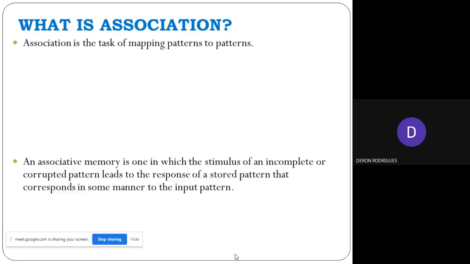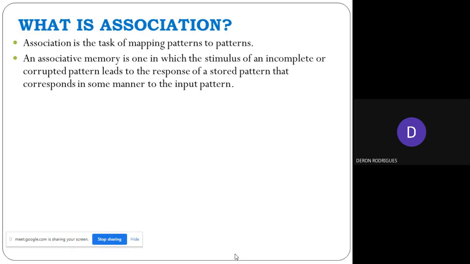in our mind. An associative memory is one in which the stimulus of an incomplete or corrupted pattern leads to the response of the stored pattern that corresponds in some manner to the input pattern. What is the meaning of stimulus?